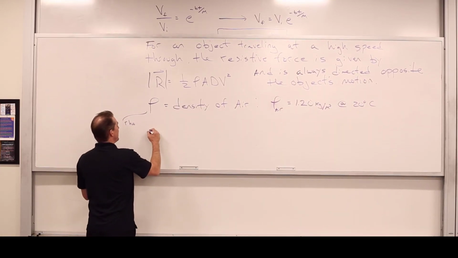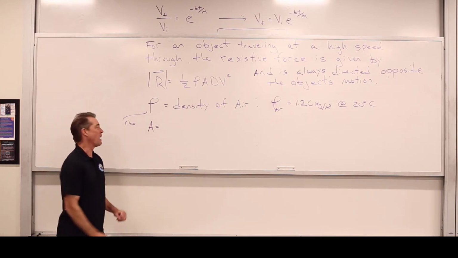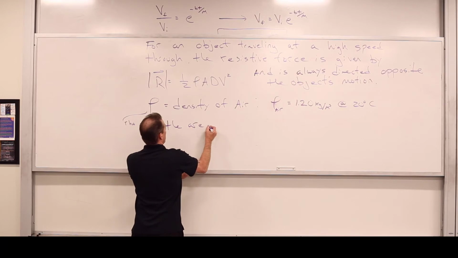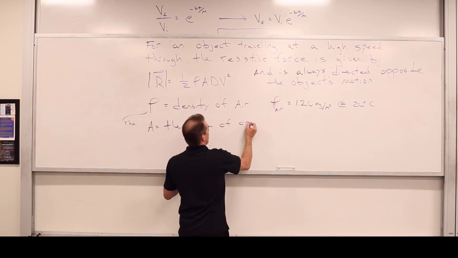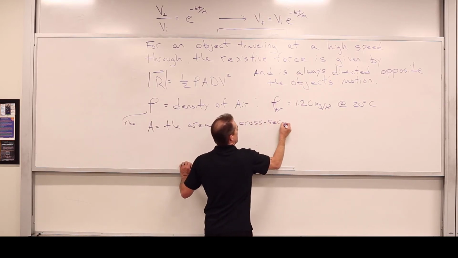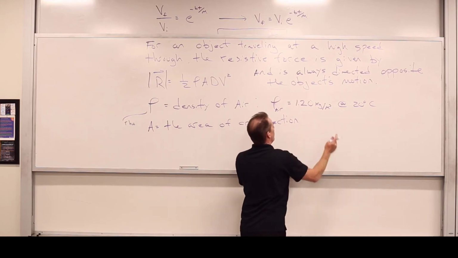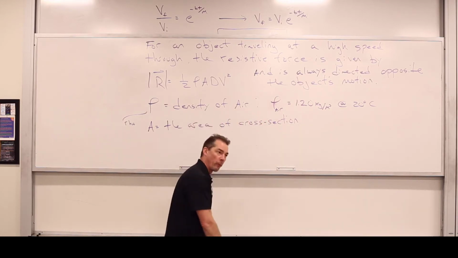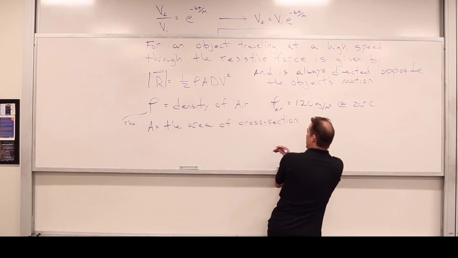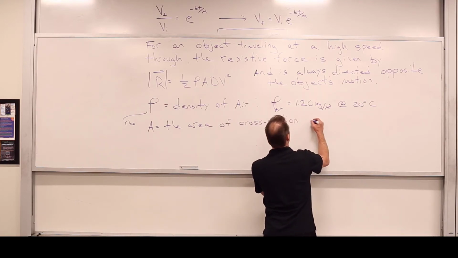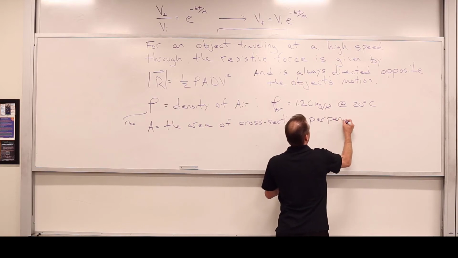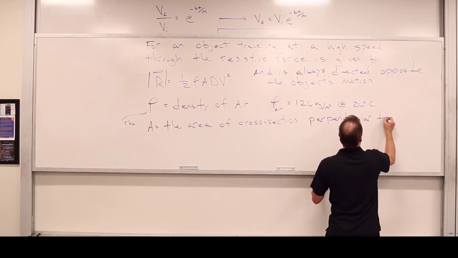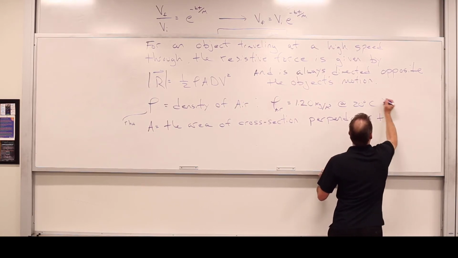We've got ourselves A, that is the area of cross-section of the object, which is facing perpendicular to the direction of motion. So we'll say the area of cross-section perpendicular to the object's motion.